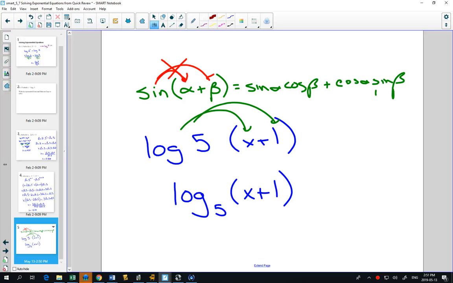But oh, some of you are going to do this. Oh my goodness. Lightning should strike me right now for showing you that on the board, because this is wrong. Don't be tempted to do that. So we have to make sure that we know that we can distribute numbers. We can distribute variables because variables represent numbers. But we can't distribute functions.